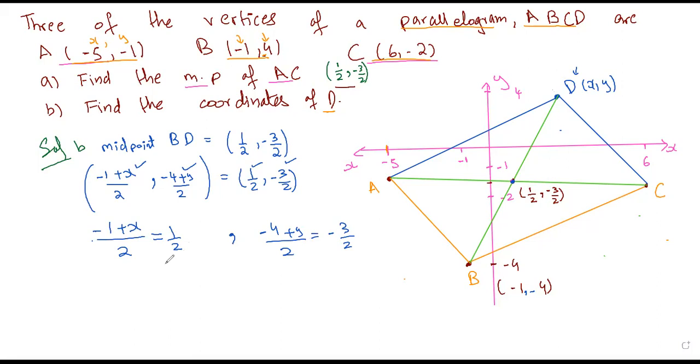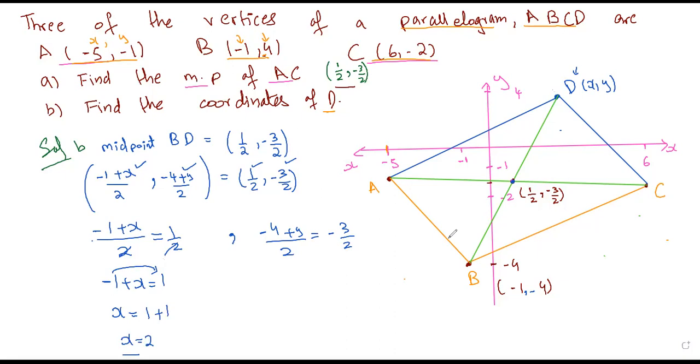Are you able to understand this? So I will cancel 2 and 2 and I will have minus 1 plus x equals 1. I will take this minus 1 to the other side and this will give me x equals 1 plus 1. This means x is 2.